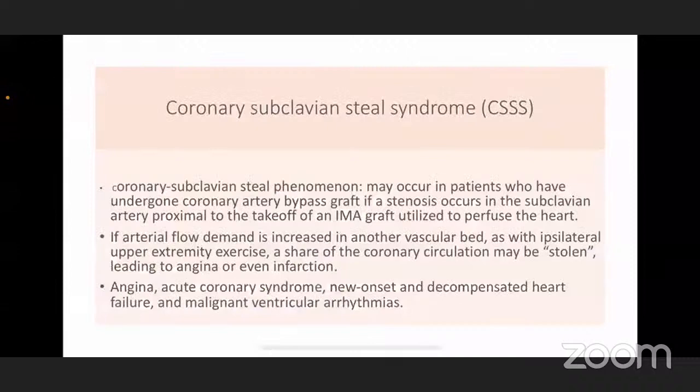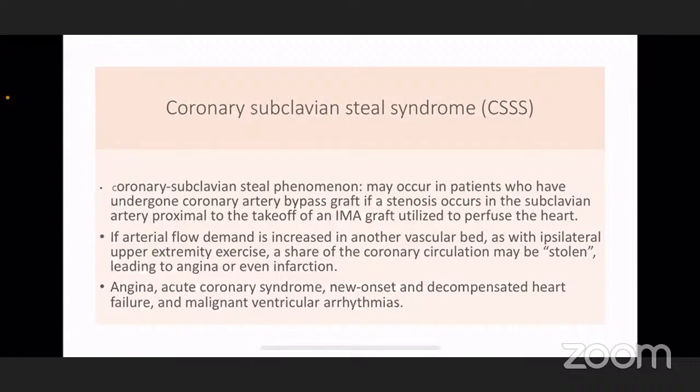Okay, coronary subclavian steal syndrome is a subtype of the subclavian steal syndrome. As we said, it occurs in patients who have undergone coronary artery bypass graft if the stenosis occurs in the subclavian artery proximal to the takeoff of the IMA graft utilized to perfuse the heart.